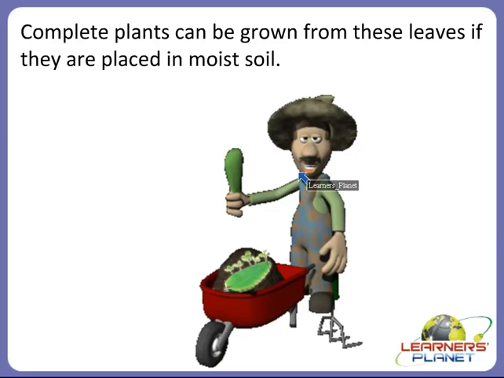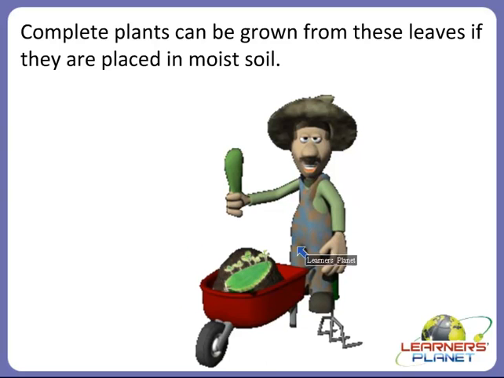The young plants grow on the edge of the leaf, and when they are cut down and placed into moist soil, or if we do not cut them down, they will by nature be detached from the mother plant, and they will grow into a new plant when they are placed in moist soil. So complete plants can be grown from the bryophyllum leaves if they are placed in moist soil.